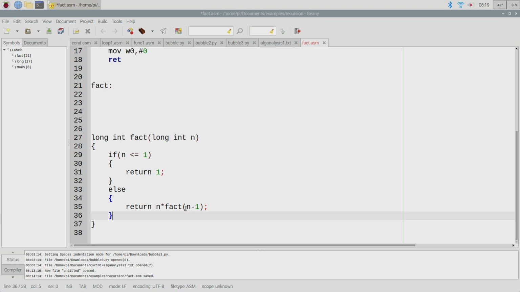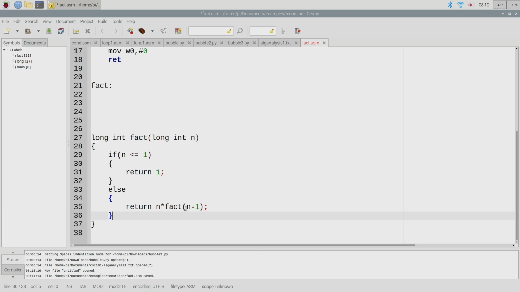Now, to be clear, would you ever actually want to compute factorials with this sort of recursive view? No, right? From a computational standpoint, it's horribly inefficient. A simple iterative loop would be much better. But it serves as a good example of the recursive structure without being too complicated, so that's why I'm using it.